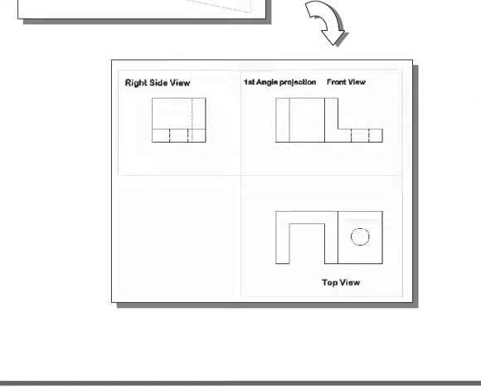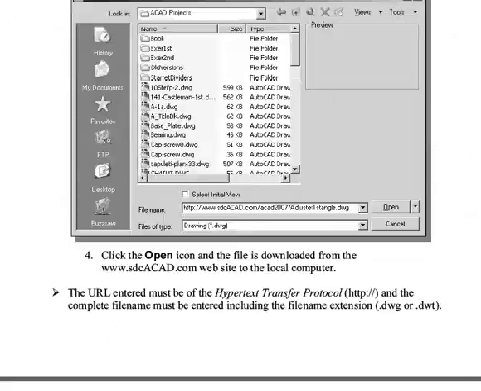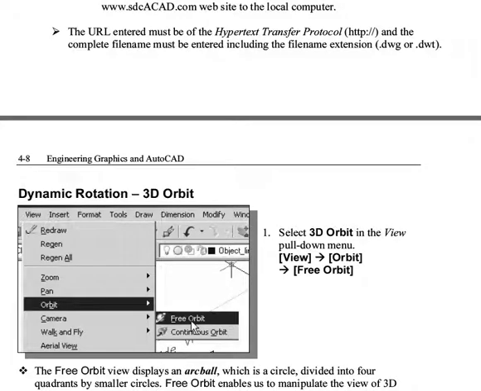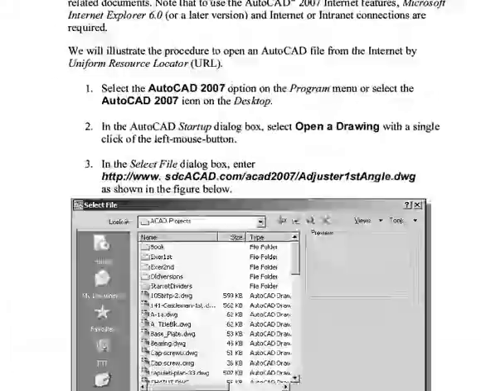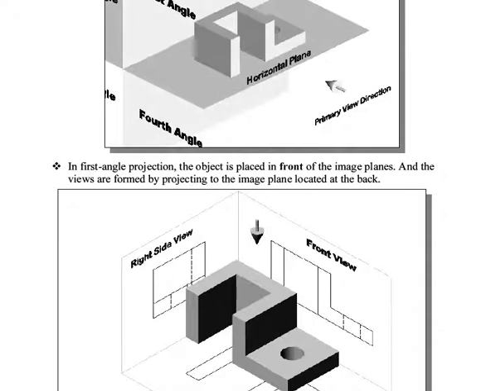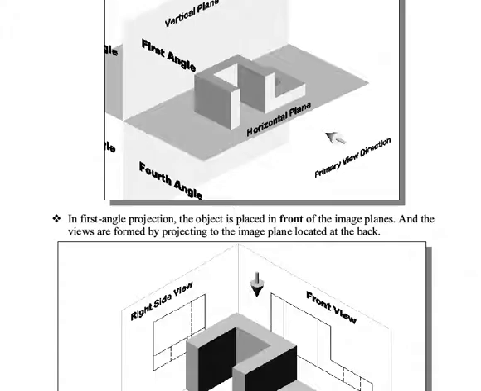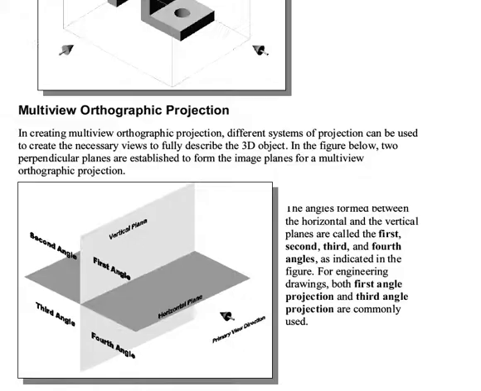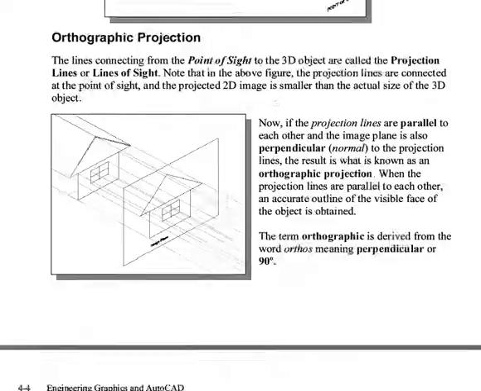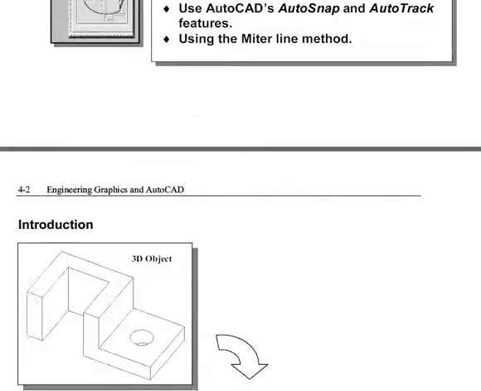It's basically the arrangement of the views that has to do with this kind of projection. They're actually projecting the front view on the back of the part and the right side view. So everything's projected from the back in first angle projection.